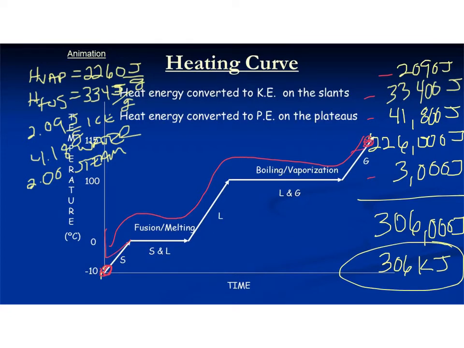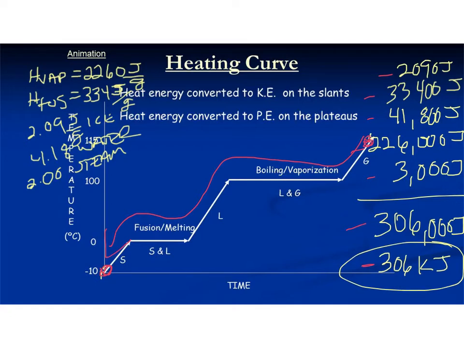This would be a cooling curve and we're getting heat back. So our answer would be minus 306 kilojoules, indicating that we're getting heat back, or you would say we acquire or get back 306 kilojoules in your answer.